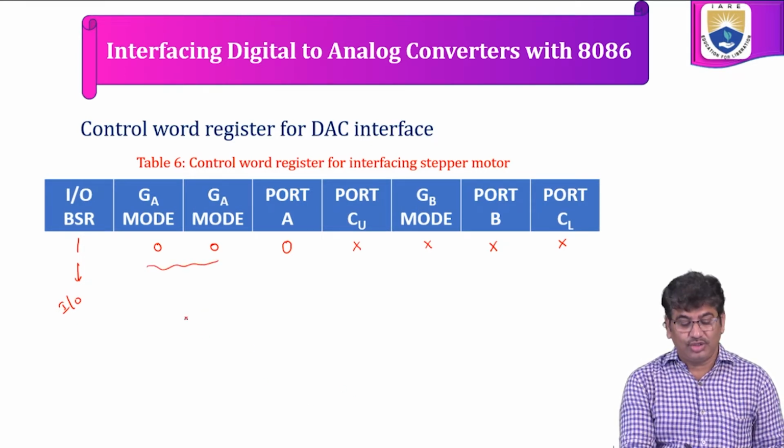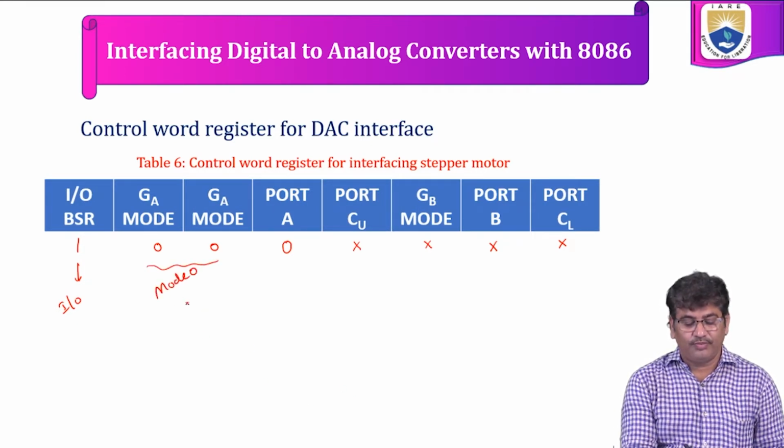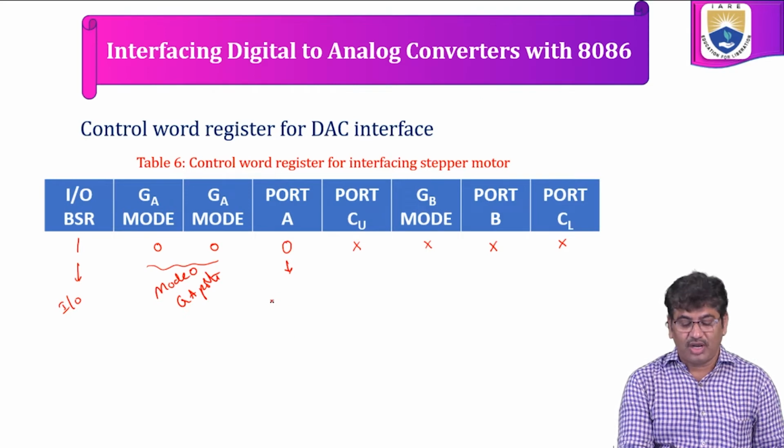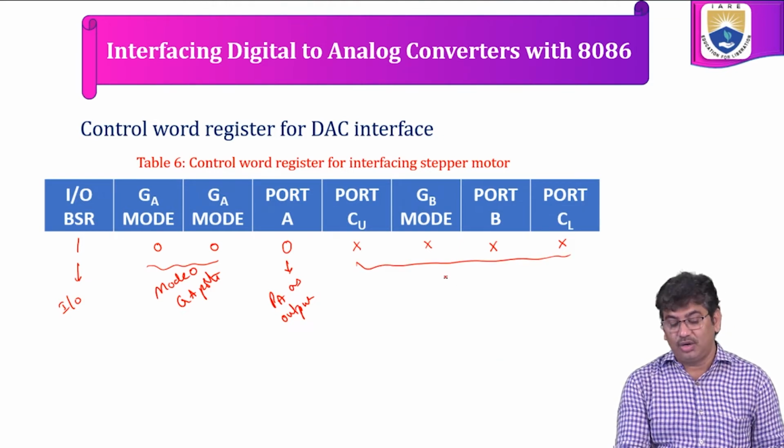These two bits are 00 for mode 0 for group A ports. This bit is 0 for configuring port A as an output port. The last 4 bits are don't cares.